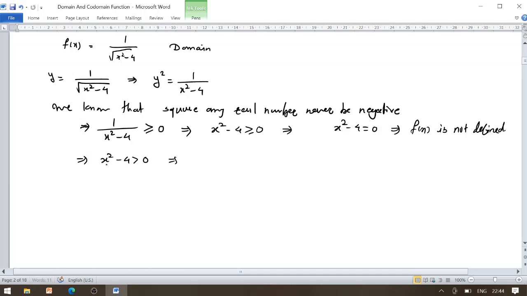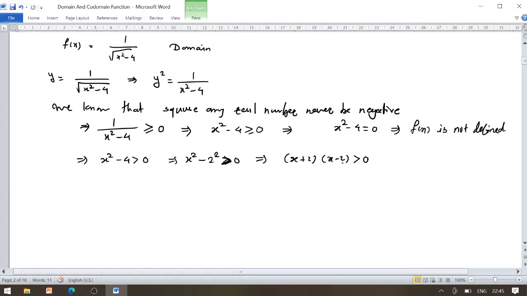After factorizing, x square minus 4 is a perfect square difference, x square minus 2 square, which should be strictly greater than 0. So a square minus b square gives us a plus b into a minus b, which should be strictly greater than 0. The product of the two terms should be strictly greater than 0.